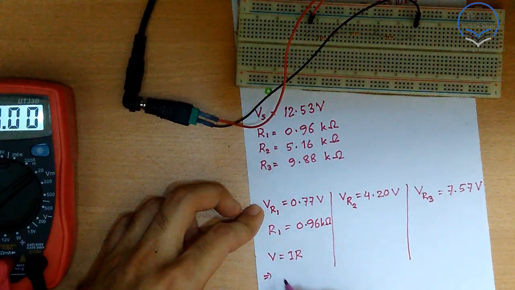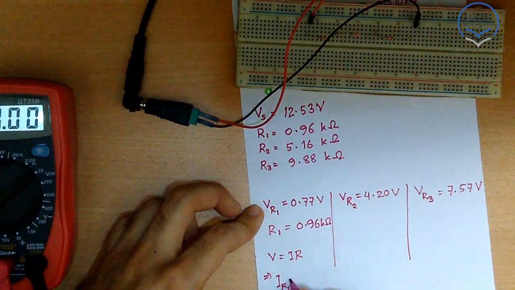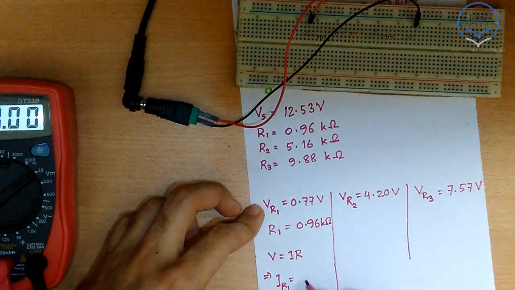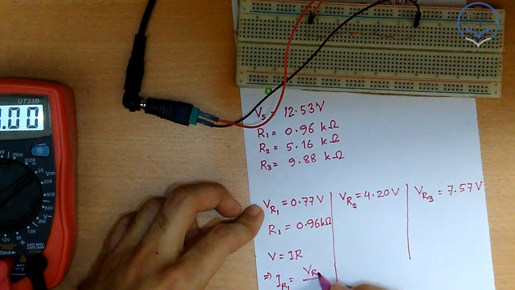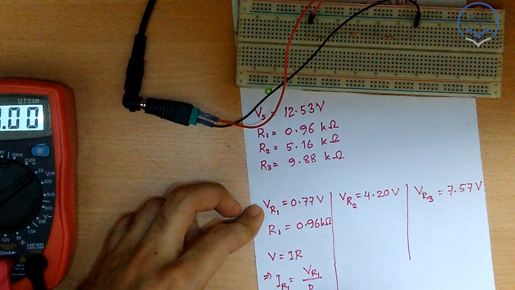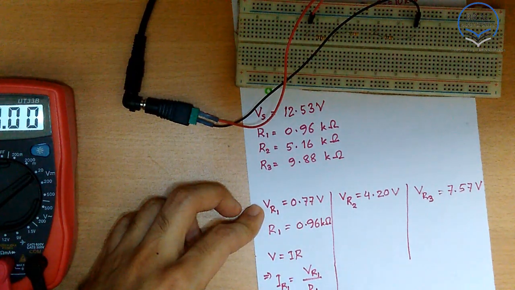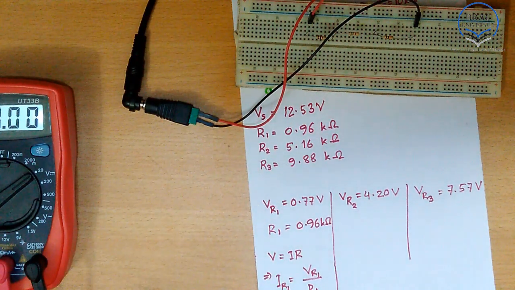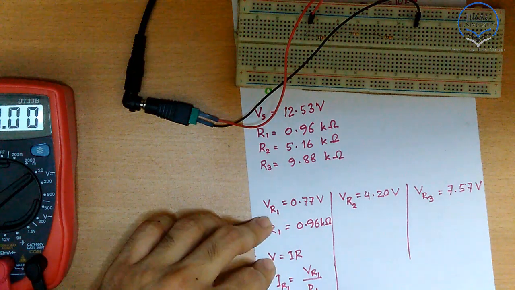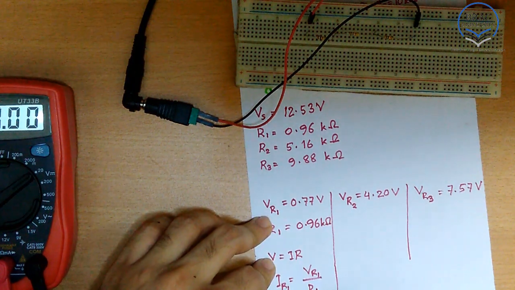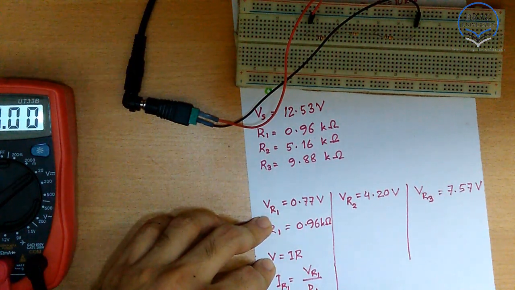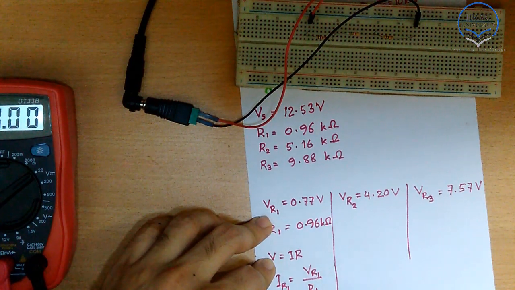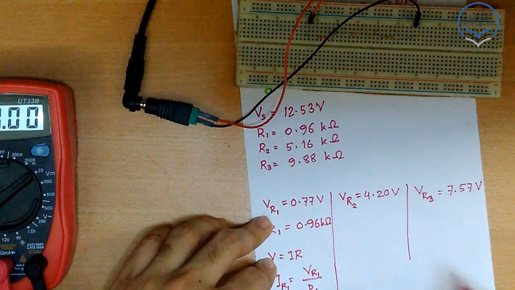So the value of current IR1 is equals VR1 divided by the value of the resistor R1. So by putting these values we get 0.802 milliampere. The unit is milliampere.